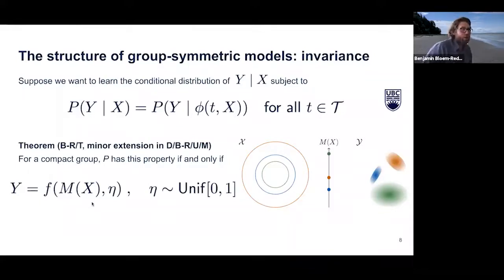I'll come back to that later in the talk. But the basic idea here is that when we have this invariance with respect to a set of transformations, that induces this equivalence class structure in our input space that is greatly simplified by just identifying the equivalence classes.